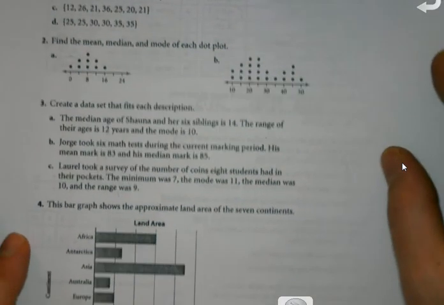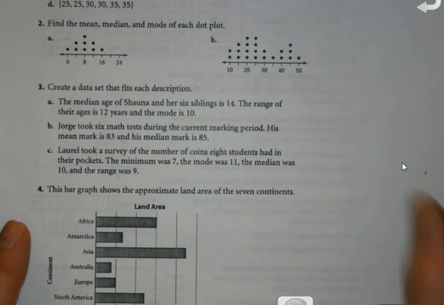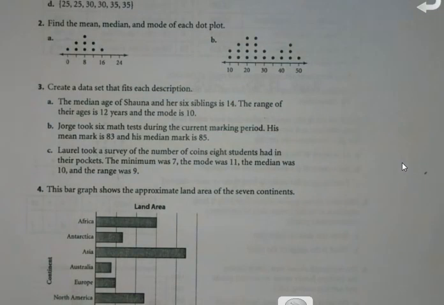Number 3 on the back of this one. Create a data set that fits the description. So let's see if we can figure this out. The median age of Shauna and her 6 siblings is 14. The range of their ages is 12 years, and the mode is 10.